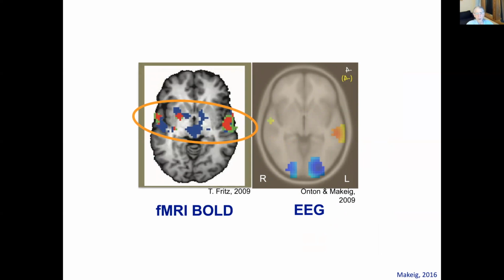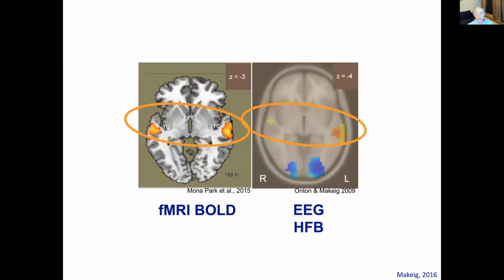This one was listening to good, bad, and neutral music. This is a BOLD experiment. And this one was listening to actors recite the same lines with positive or negative feeling, or neutral feeling.